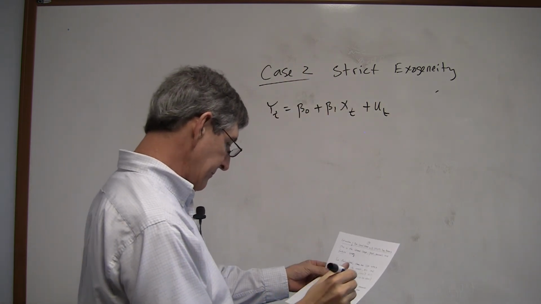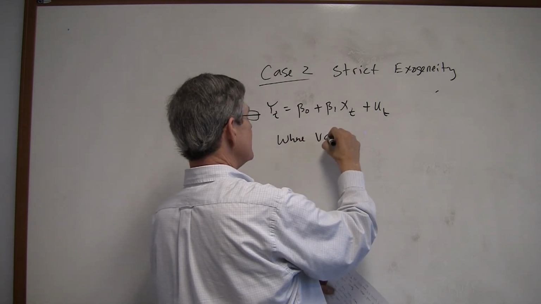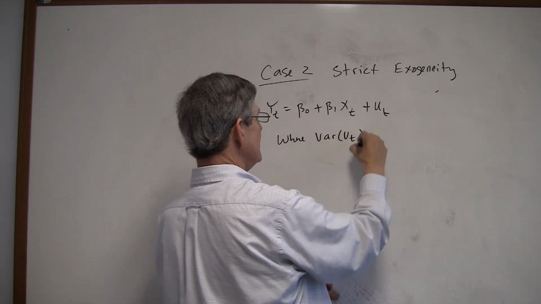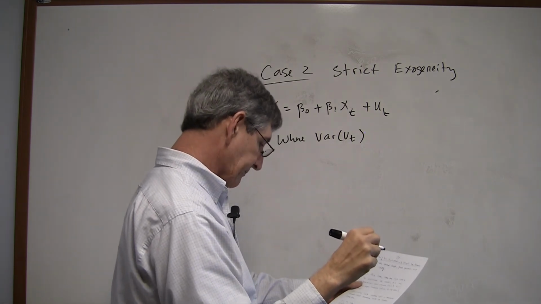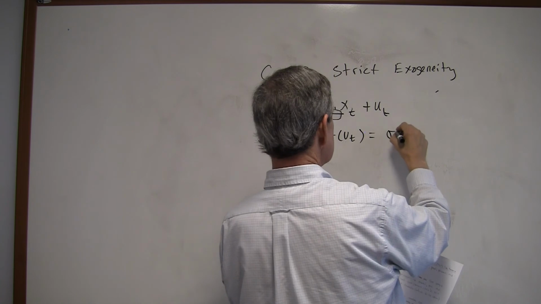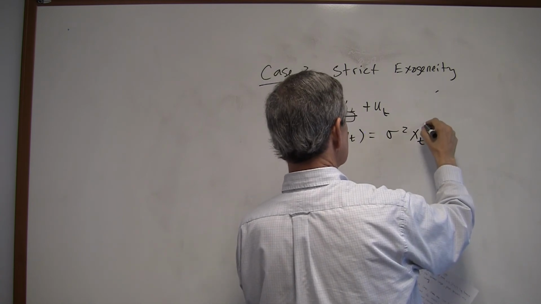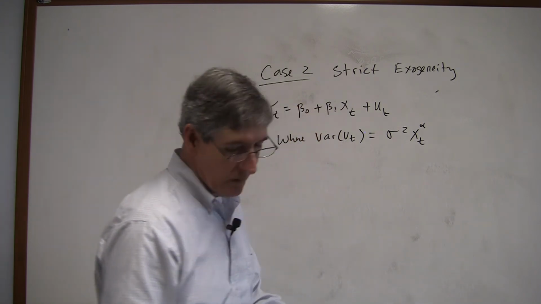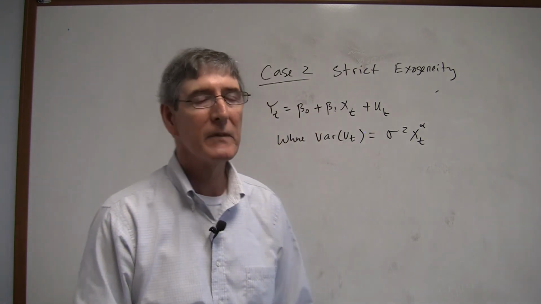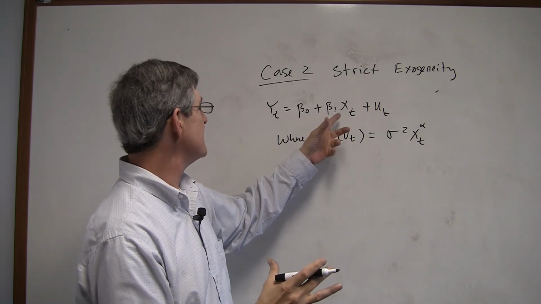It really doesn't matter. Where the variance of ut, sigma squared ut, is equal to sigma squared xt to the alpha, where maybe alpha is greater than 1. So what this means is that the variance gets bigger as x gets bigger.